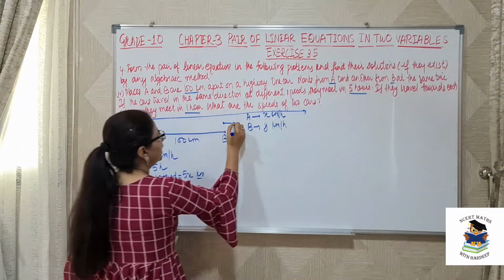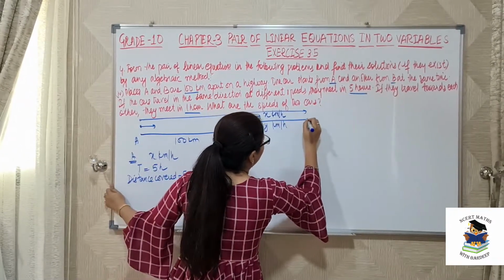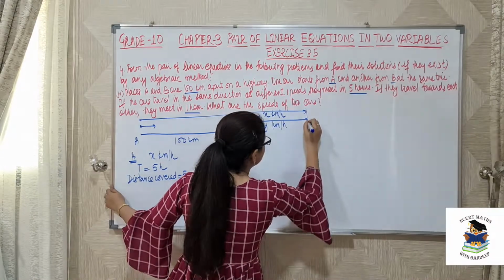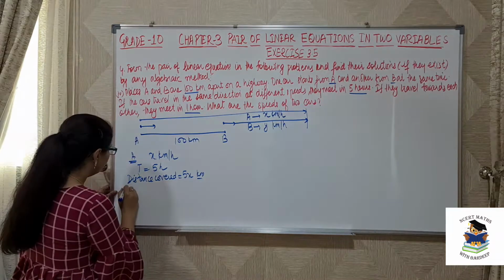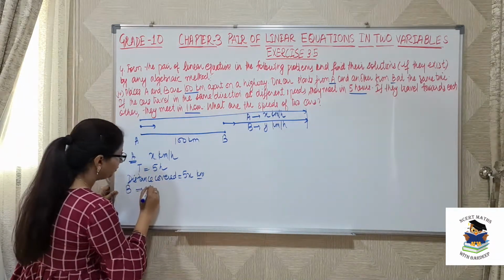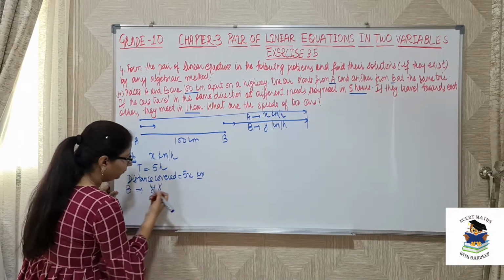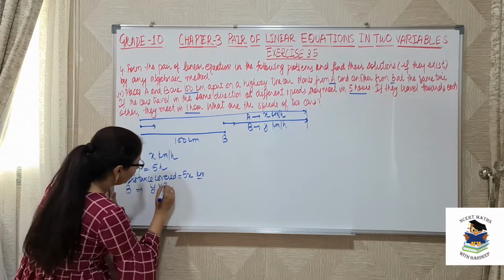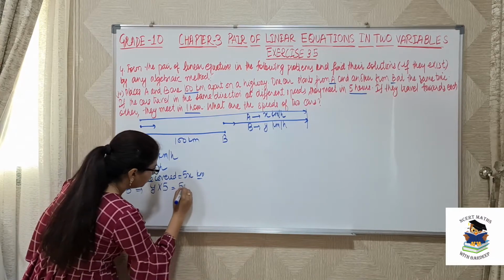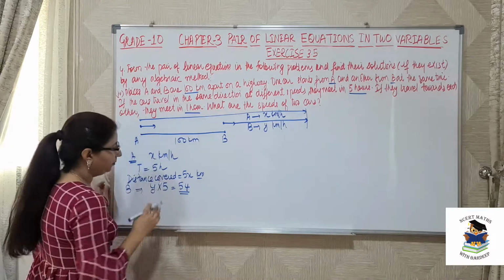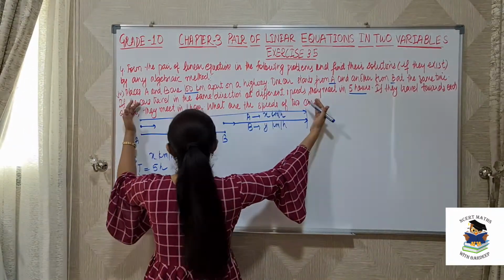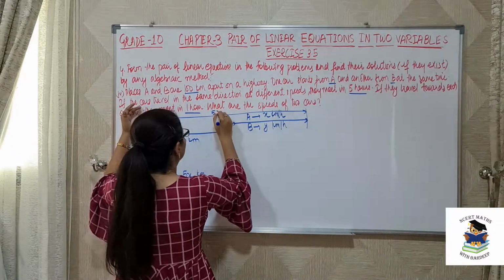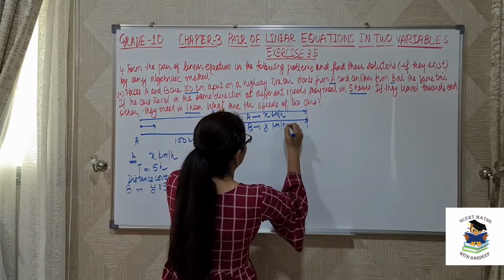And at some point, suppose this point, they will meet. So the distance covered by car B will be, speed is y, again 5 hours, so 5y. So the total distance covered by car A is 5x and by car B is 5y.